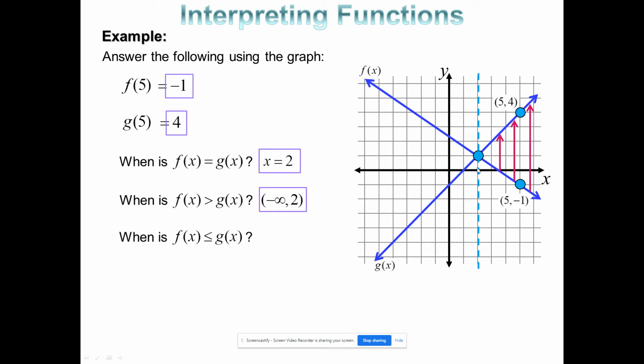So that is my interval from 2 all the way to infinity. And I want to include when they're equal, so I'm going to include the 2. I'm going to put a bracket on 2, and go all the way to infinity. So from 2 to infinity.